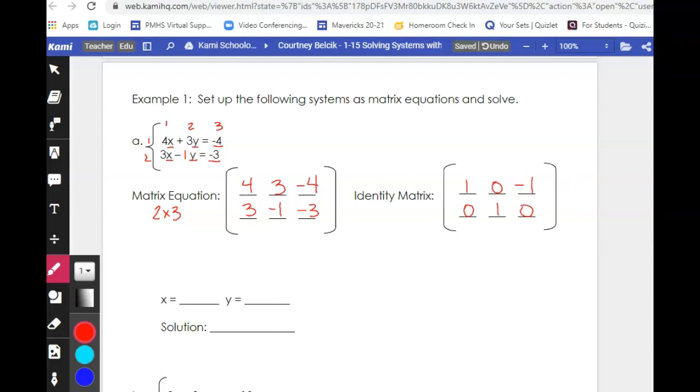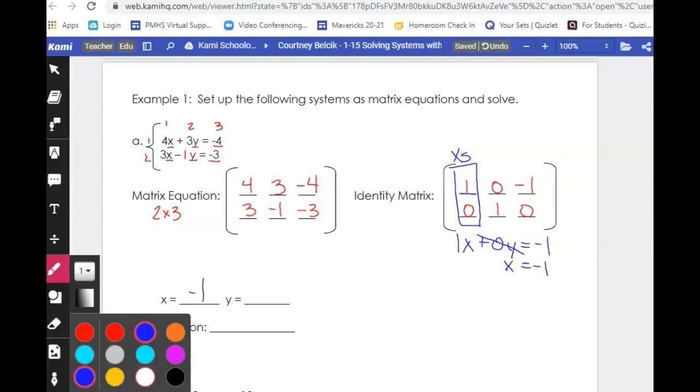Remember that your first column was your X column, and there's an X here, which means that 1X plus 0Ys equals -1. So X equals -1.